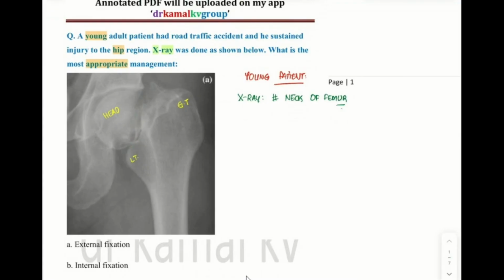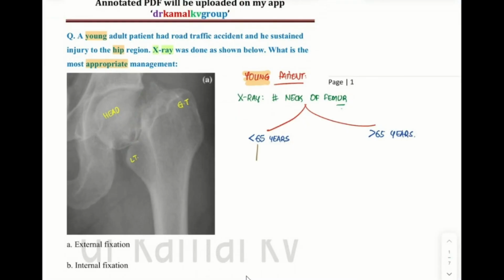Now remember, whenever there is a fracture in a young patient, it should always be operated and fixed, right? Especially in cases of fracture neck of femur, we have two age groups, right? Less than 65 years and more than 65 years.